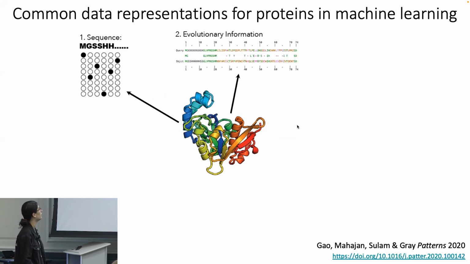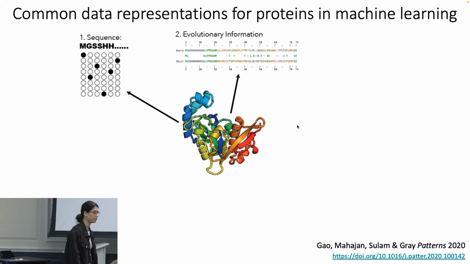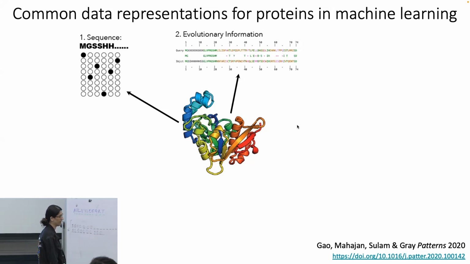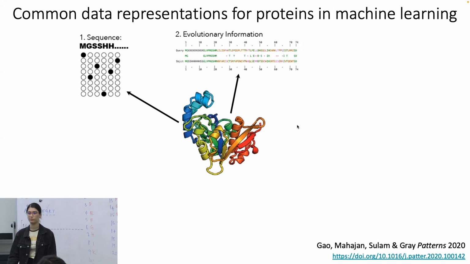Can you think of another type of information regarding proteins that we should represent? So we have sequence, we have some evolutionary information, maybe from sequence alignment. We never talked about structure. We talked about coordinates, that we want coordinates, but we haven't explicitly talked about representation.